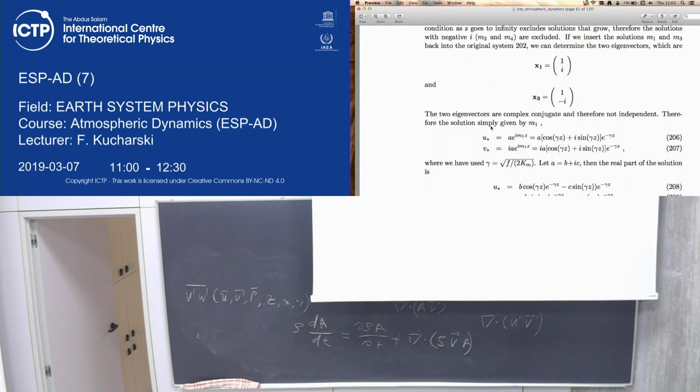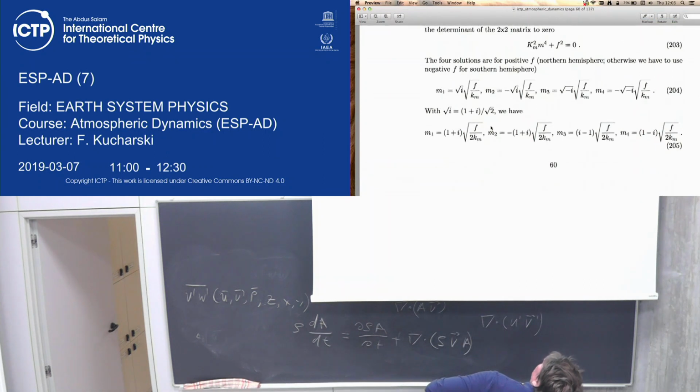So we replace e to the power of i m z by its cosine plus i sine expression, so this usual expansion. Inserting the solution for m1, because m1 contained both the real part and the imaginary part.